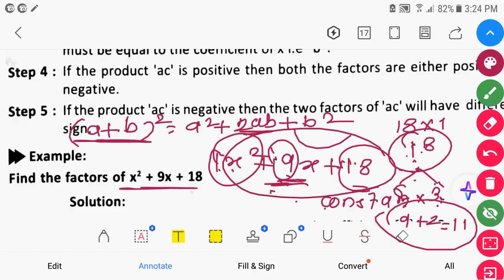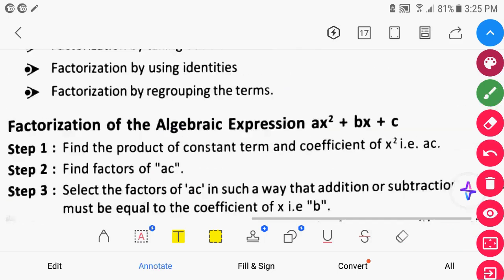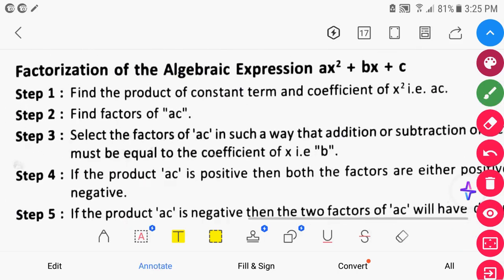Okay. So the two factors are x plus 3 and x plus 6. Now if I multiply this x plus 3 with this x plus 6, I get this algebraic expression. Now they had explained this in a stepwise manner.